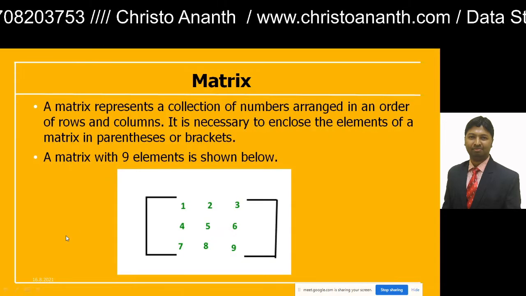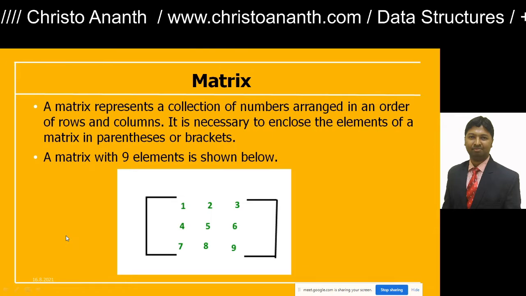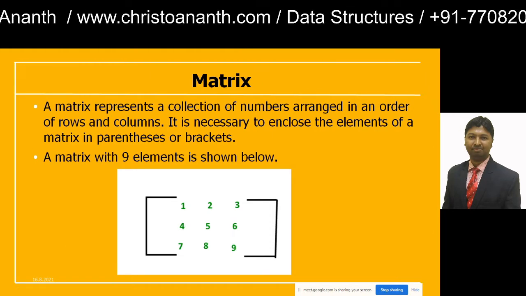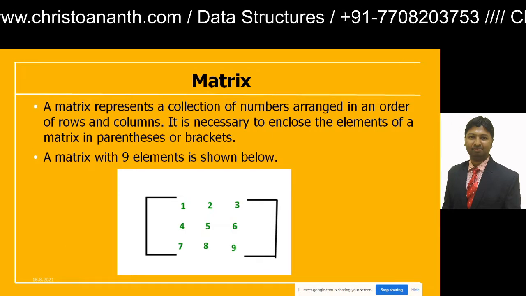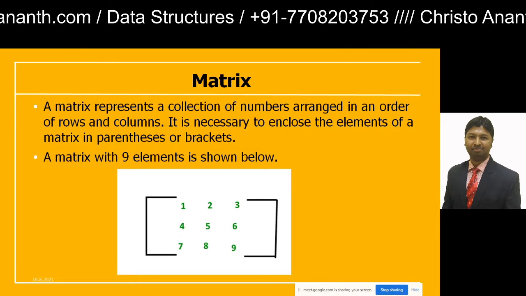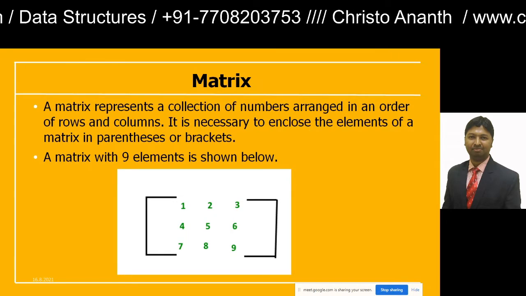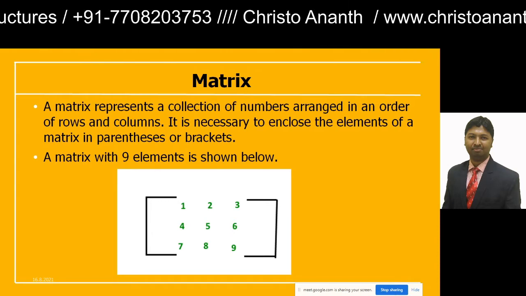And then we have matrices. A matrix represents a collection of numbers arranged in an order of rows and columns, and it is necessary to enclose the elements of the matrix in parentheses or brackets.